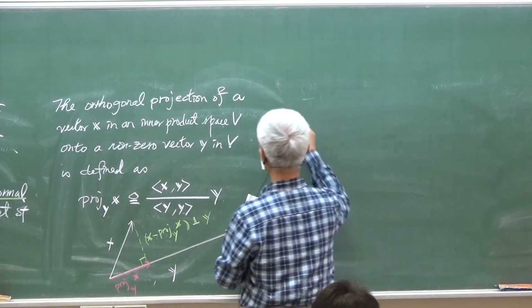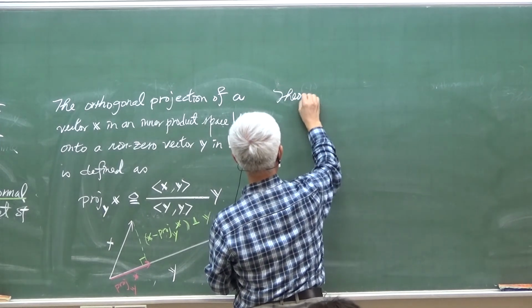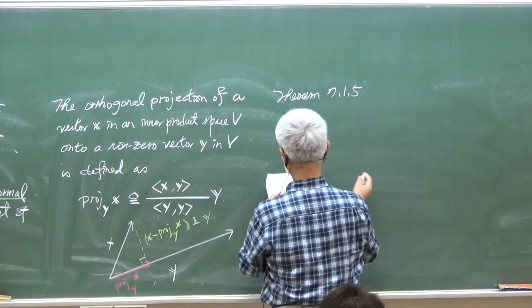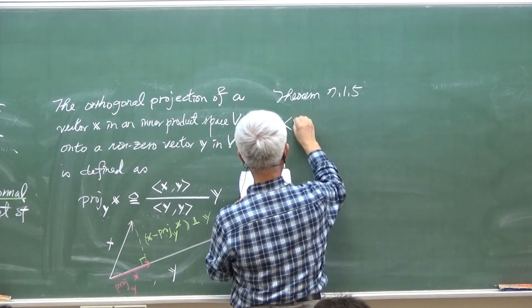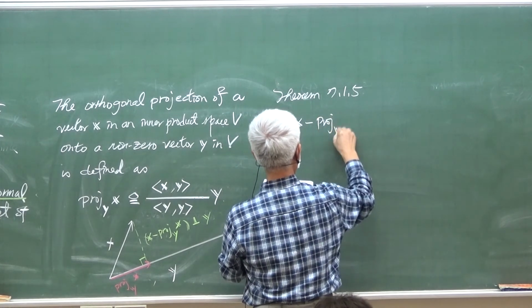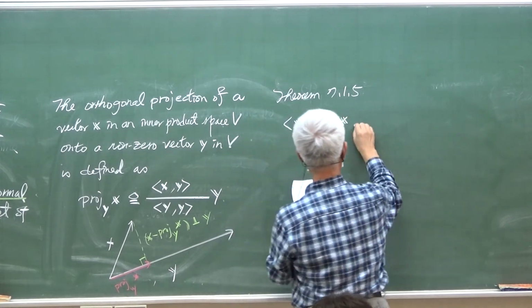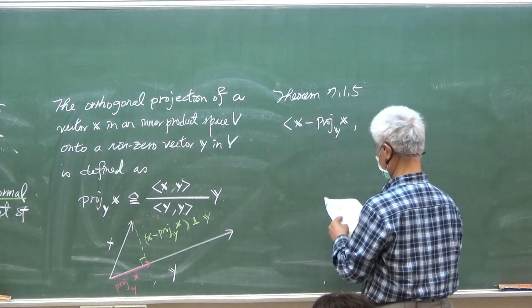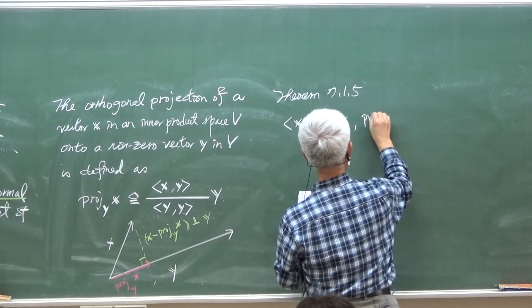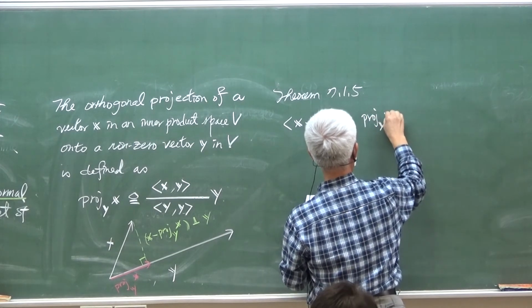So I will put here a theorem: x minus the projection of x is orthogonal to the projection.